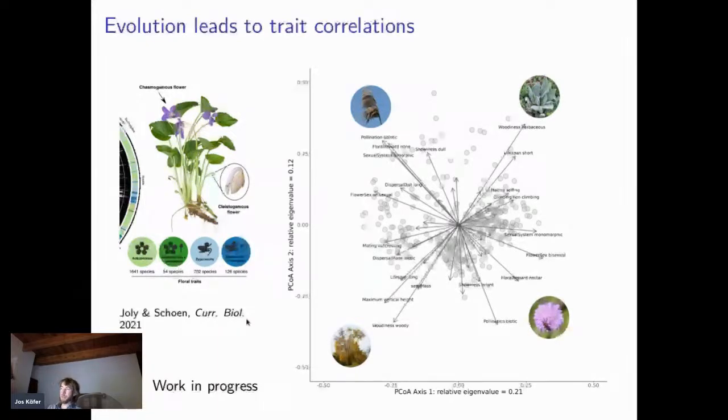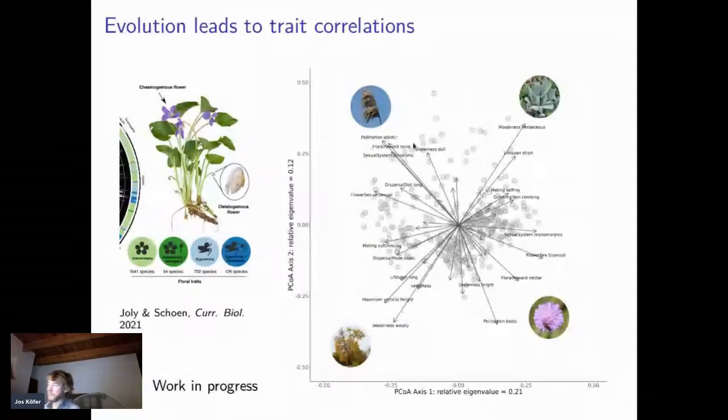So that was a nice example, and we're also putting together data from many more traits and see how they are correlated across the angiosperms to figure out actually what are the traits going together, how are they associated. Here we find an important axis that goes from woody plants to herbaceous plants, where selfing is associated, and orthogonal to this is a pollination axis with abiotically pollinated plants here, biotically pollinated plants here, and most of the unisexual flowers and the dioecious species are here.